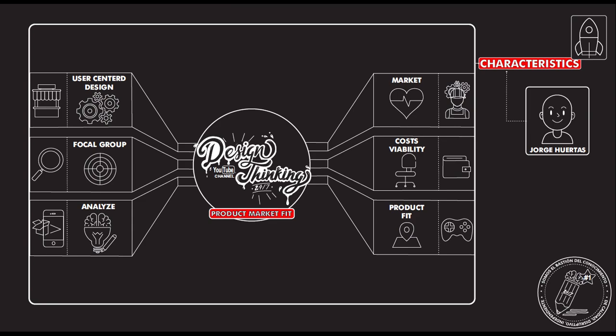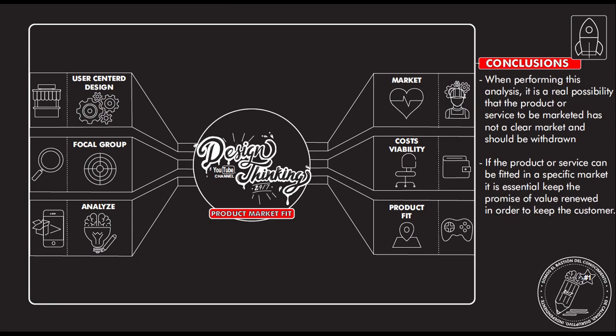However, if you don't do it properly, you might have a lot of different problems with the development that you are making. As a conclusion, we can say that when performing this analysis, it is a real possibility that the product or service to be marketed does not have a clear market and should be withdrawn.